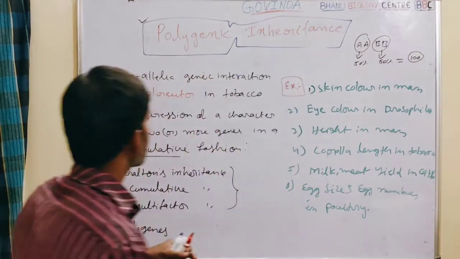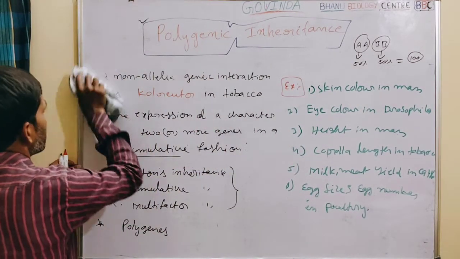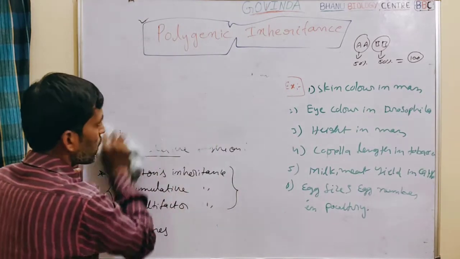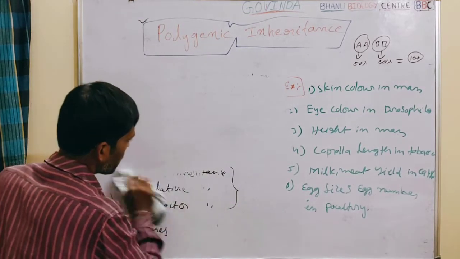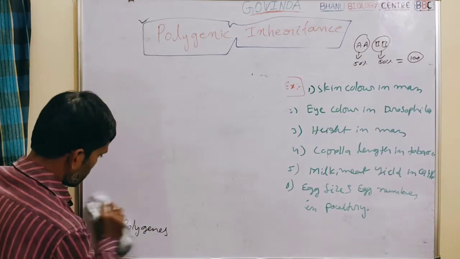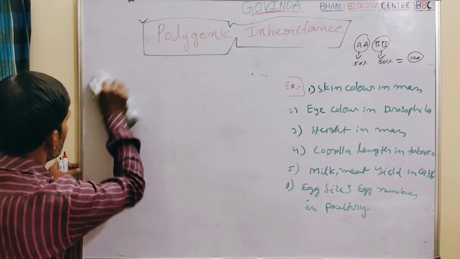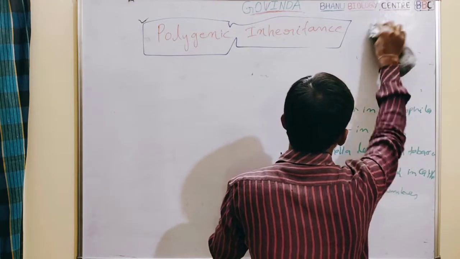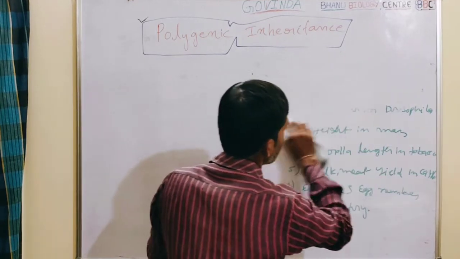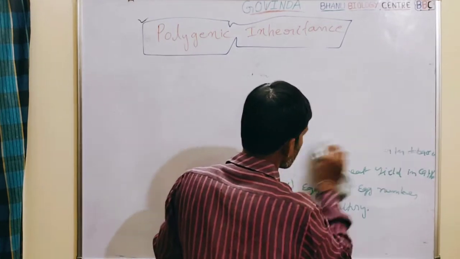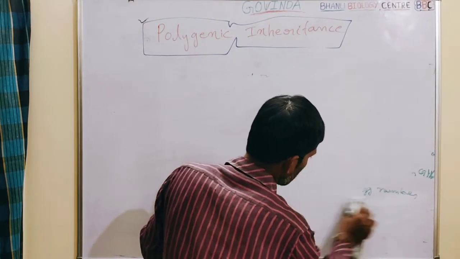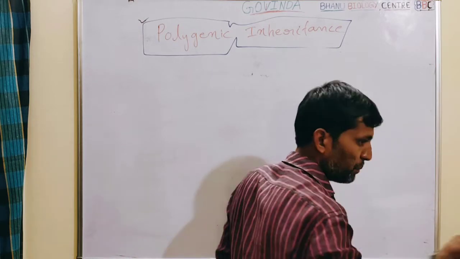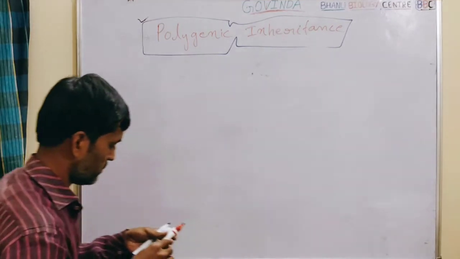Now, we try to understand this phenomenon in a broader manner by taking an example of skin color in man, or skin color in human beings. In this example, in the F1 generation, all the intermediate colored offsprings are produced because of the additive effect of the polygenes.